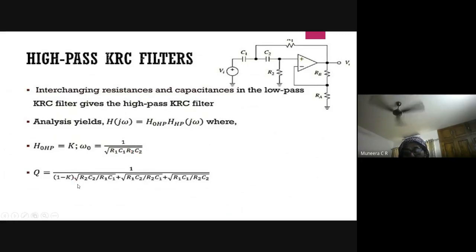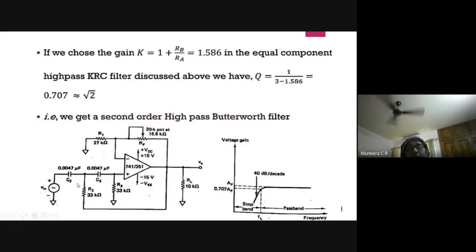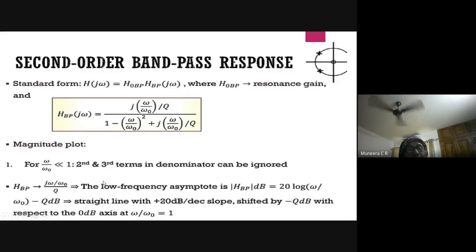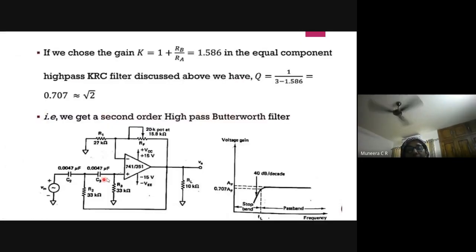And again Q is equal to 1 by 3 minus K, from which K is 1.414 for the Butterworth filter, giving K equal to 1.586.